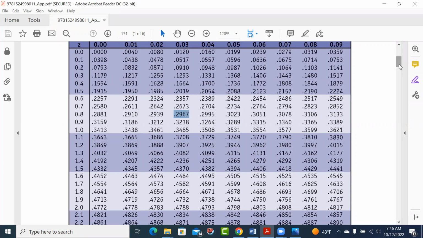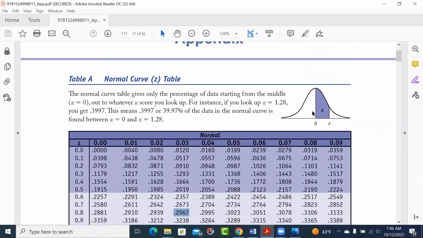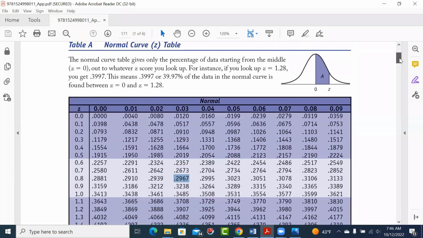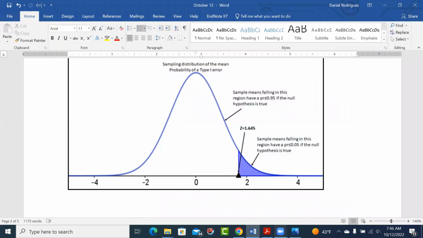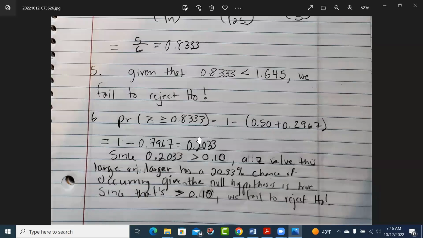But don't forget, we have to add the bottom portion over here. So the probability of being less than or equal to a z value of 0.833 is 0.2967 plus 0.5, so it's 1 minus 0.7967, or 0.2033, and since 0.2033 is greater than 0.10, we fail to reject the null hypothesis.